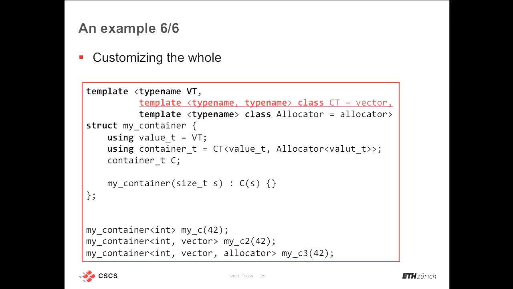The container is ValueT with allocator ValueT, and it's two different arguments. You see, this is the first argument of the container, this is the second argument of the container, and we get this behavior in which I specify simply the things I want to use. I can use int list allocator, int map allocator, or different allocators, and I can do all this trick.